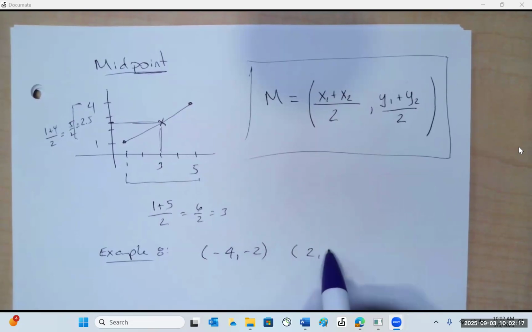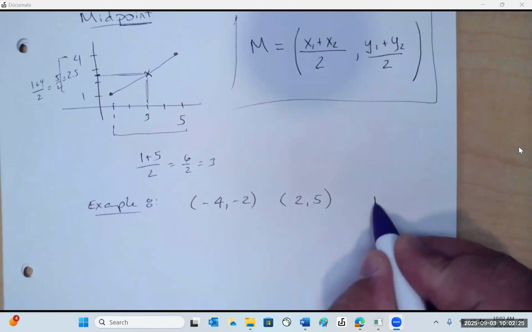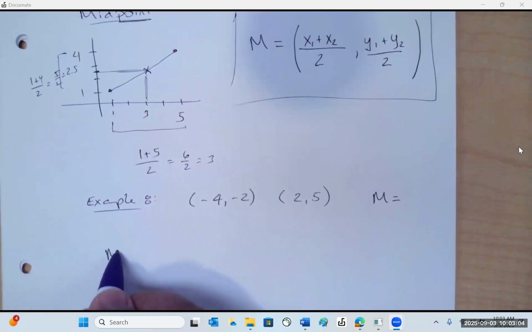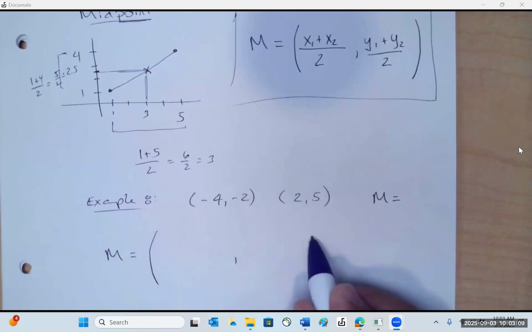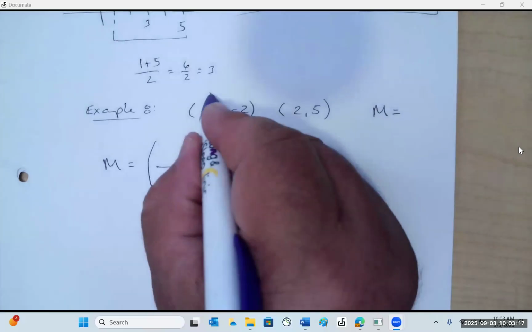So find me the midpoint between these two numbers. So the midpoint of these two numbers, this is x1, this is x2.